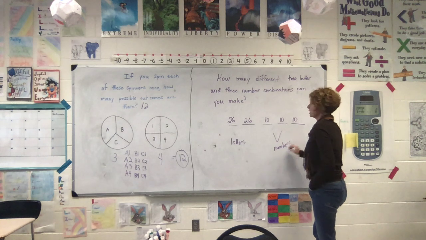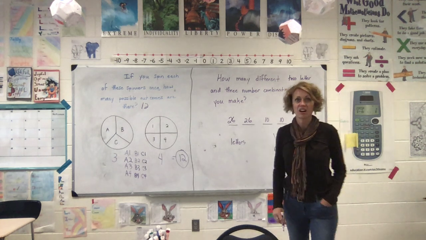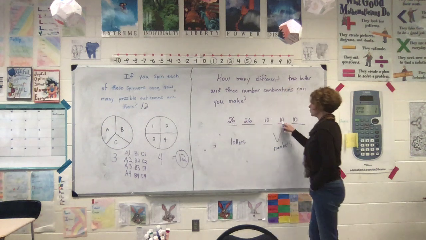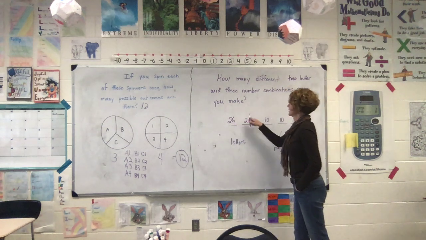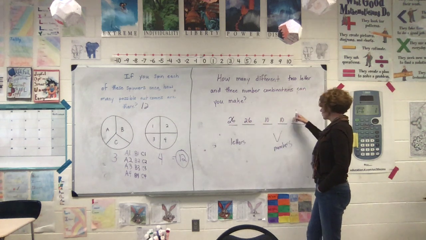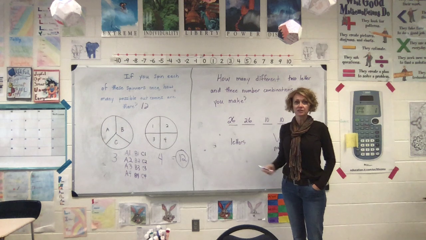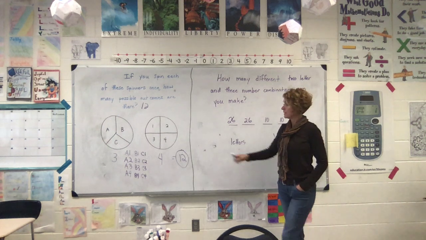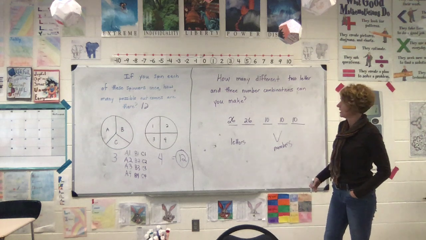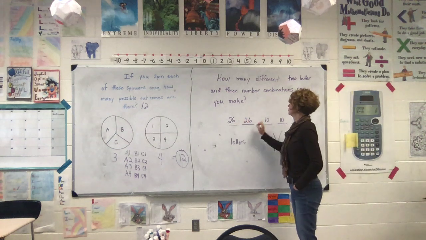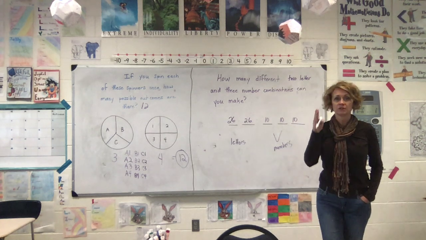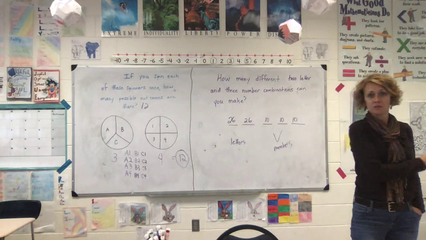Now, could you imagine how long it would take to go through and list all of these different outcomes? Like A, 1, 1, 1, or A, 1, 1, 2, A, 1, 1, 3. I could possibly list all of those outcomes. But this shortcut of multiplication called the fundamental counting principle says, hey, all you really need to do is to multiply your number of outcomes for each event by one another.